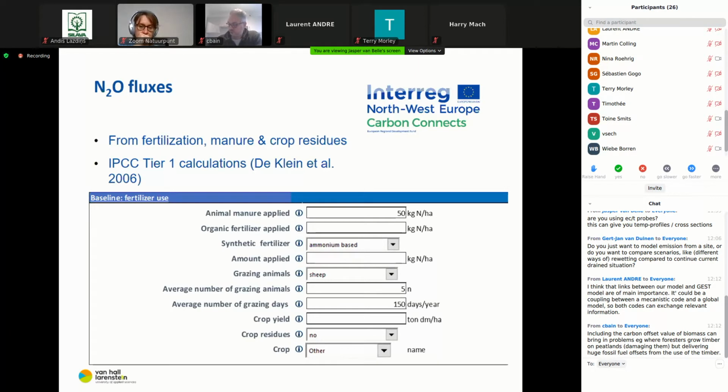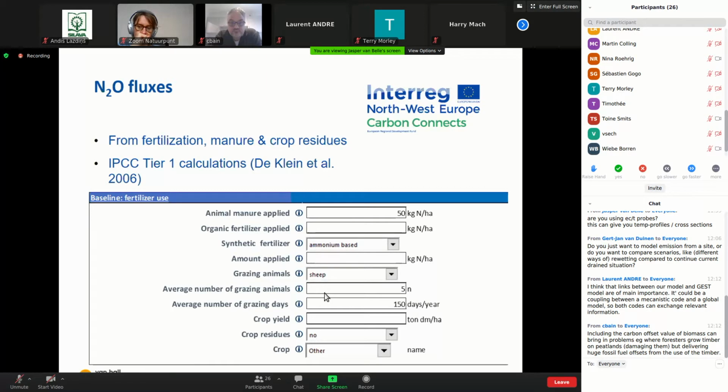If a crop is being harvested, the crop yield or the harvest size, if you will, needs to be filled in, and it needs to be indicated whether crop residues are left on the field, because as per the IPCC calculations, the crop residues are a source of nitrous oxide emissions.